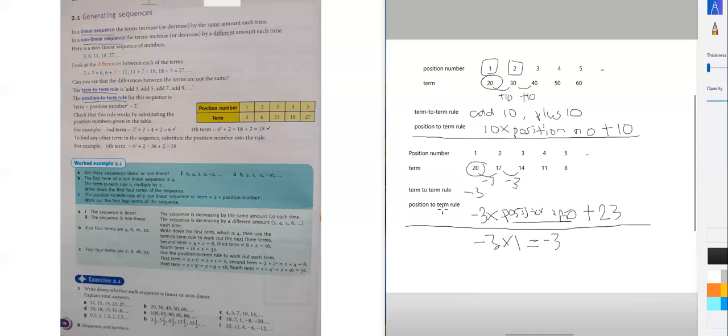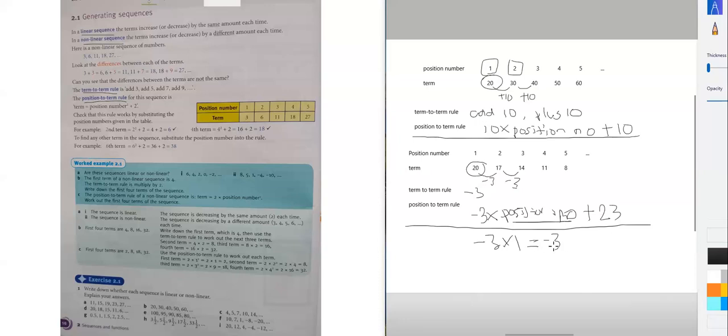So position to term rule. Remember, your rules always have this word, position number, which will multiply with the term to term rule here, minus 3. And then you look at the first term here, which is 20 in this case. So you multiply negative 3 by 1, then you get minus 3. But what we want is actually 20, not minus 3.